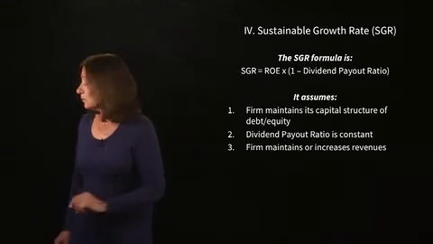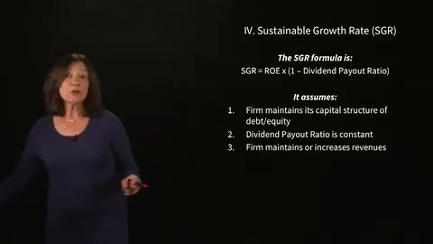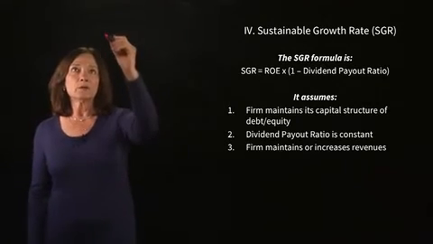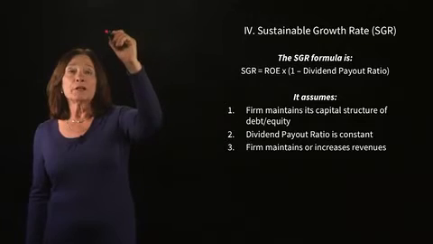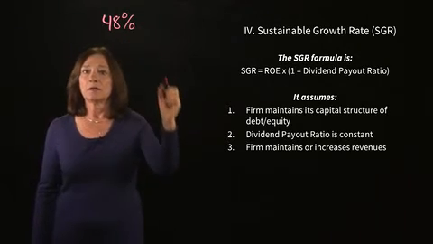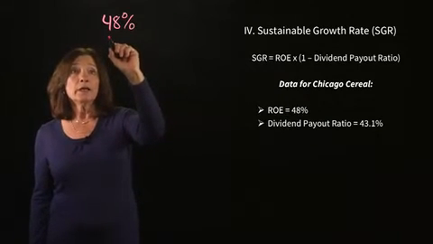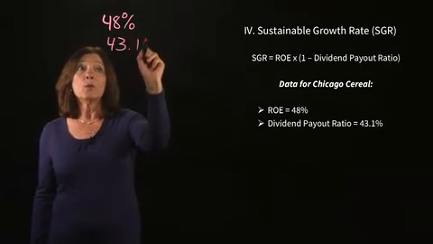So let's see what this means to Chicago Cereal. We already know that their return on equity equals 48%. And we know that the dividend payout ratio is 43.1%.